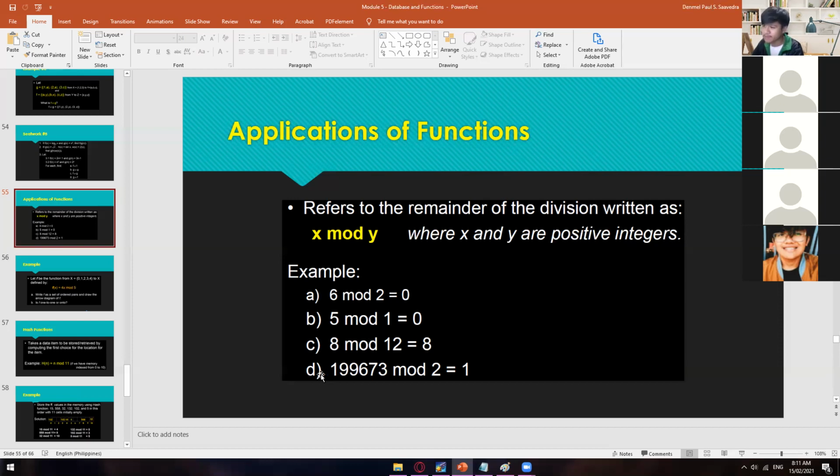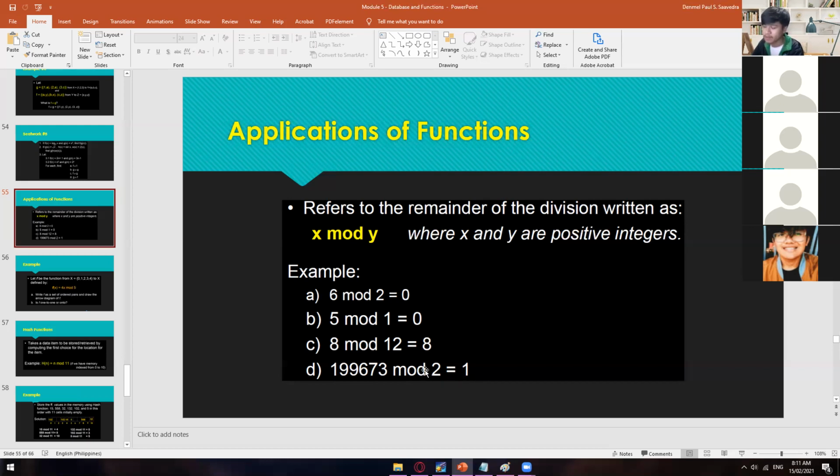And then for the last one, 199,673 mod 2 is equal to 1. As you can see, we also have another pattern wherein if an odd number is divided by 2, the result is always 1.